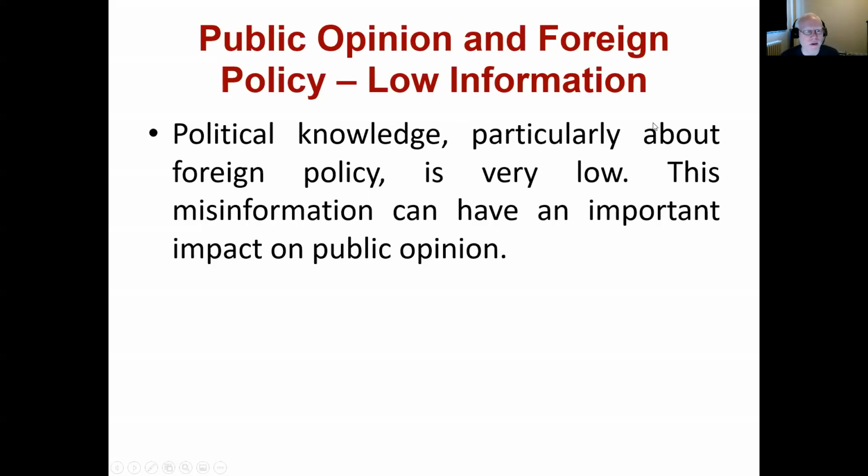So if public opinion matters, then the question becomes, how does the public make decisions? How informed is the public on foreign policy? Because ideally, if they're influential in the process, we would like public opinion to be bringing sound opinions to the foreign policy making process. Now, political knowledge in general, across the whole range of politics, is quite low among the public.